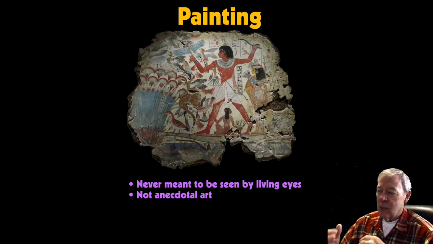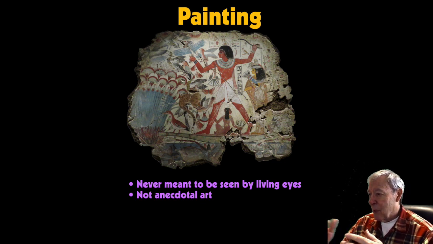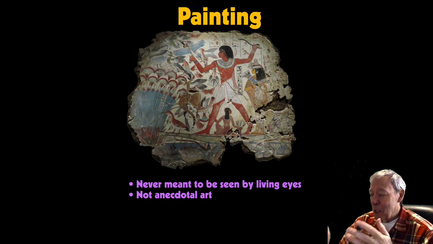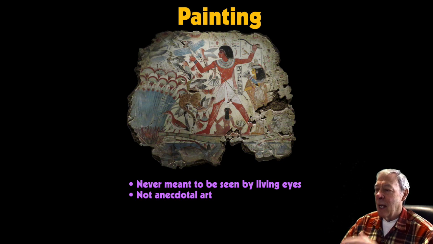In other words, it isn't storytelling art, even though oftentimes when art teachers talk about a painting like this, they talk about this representing a day in the marshes with a nobleman and his family hunting for pleasure. Well, maybe he might have enjoyed hunting, probably did, quite frankly, but that's not what this painting is about. It is not telling about that day in the marsh.